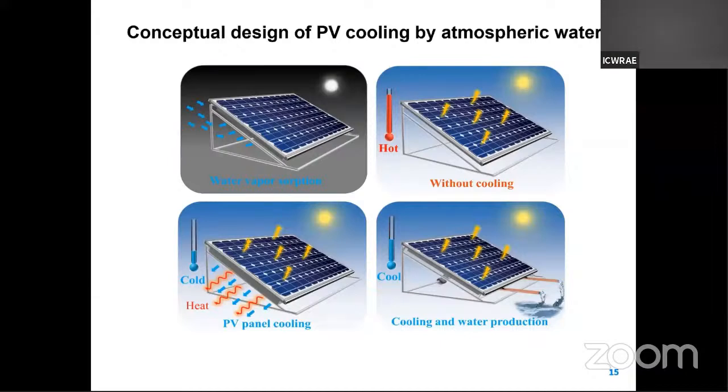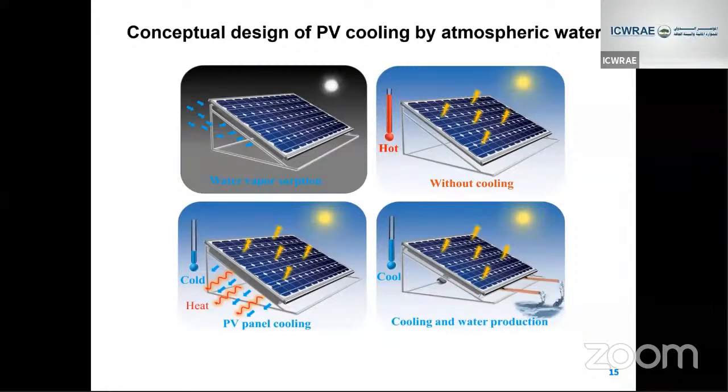Now, the absorbed water will be stored inside the material as liquid water. So next day, when the sun is up, PV panel is heated up, the heat is transferred to the sorbent material on the backside. The material is heated up. The heat will drive the water to evaporate out of the material.